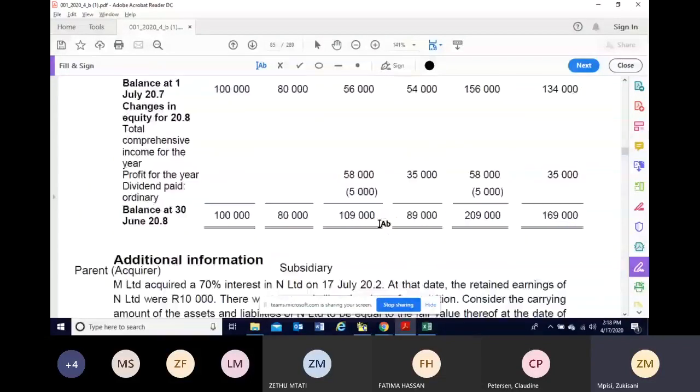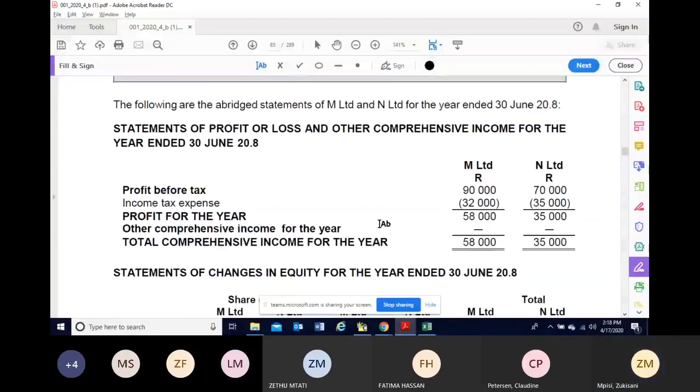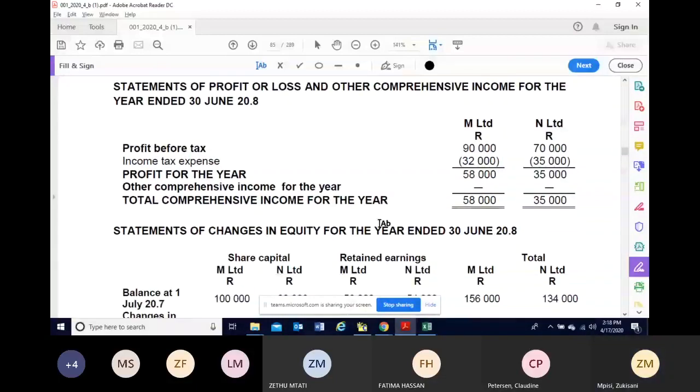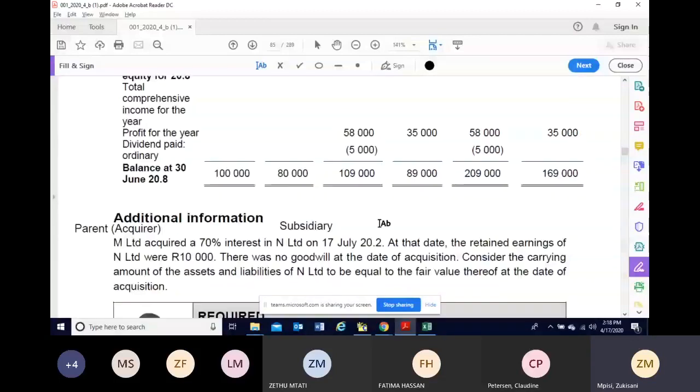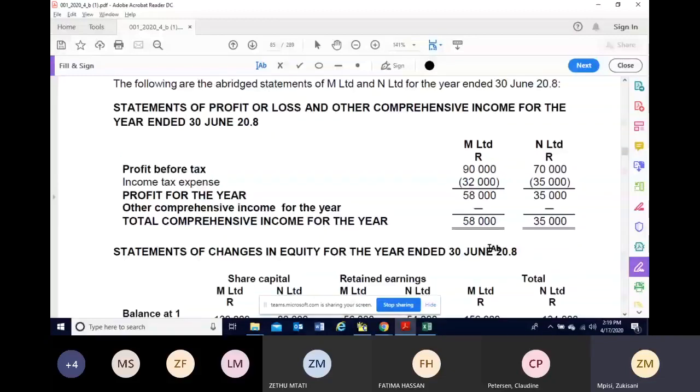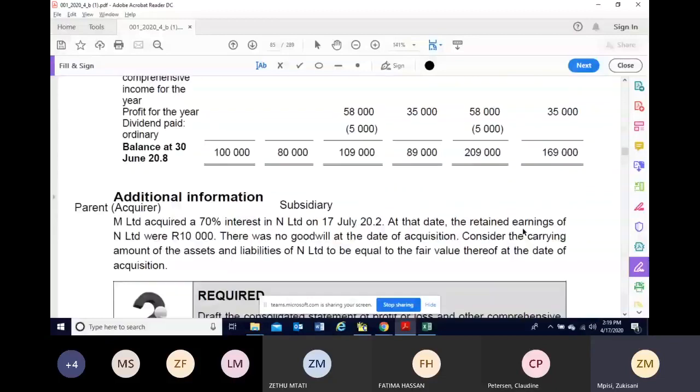So the first important thing that we have to do is to see, up until the current year, how much has been the retained earnings for the non-controlling interest and for us as the parent. And for us to do that, we have to do an analysis of equity, trying to analyze NLTD. So we have to do an analysis of equity for NLTD, so that we are able to know what it is that we have to include into MLTD's group.